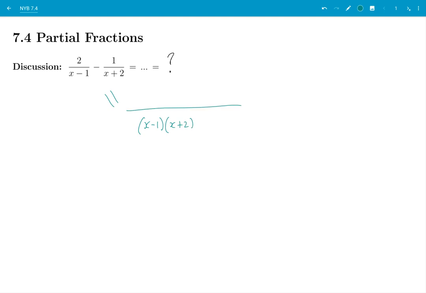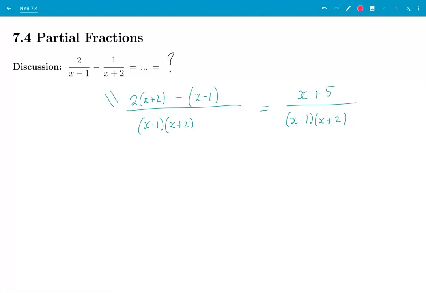On top you get 2 times this denominator, and then minus 1 times this denominator. Don't forget your brackets. When you work this out, you get x, and then 4 plus 1 is 5, over the same denominator.